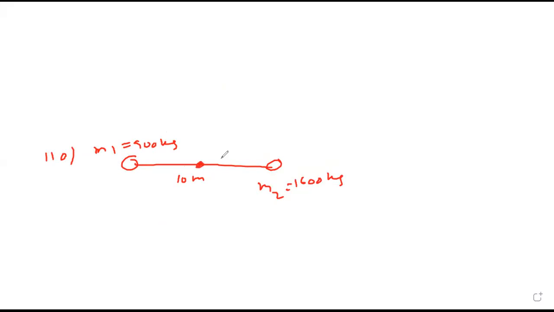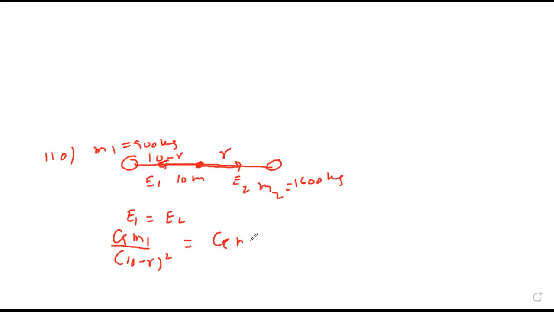Suppose the distance from the larger is r, then from the smaller it will be 10 minus r. We want the distance where the field is 0. For the field to be 0, E1 is the same as E2. So G M1 upon (10 minus r) square is G M2 upon r square. G cancels.